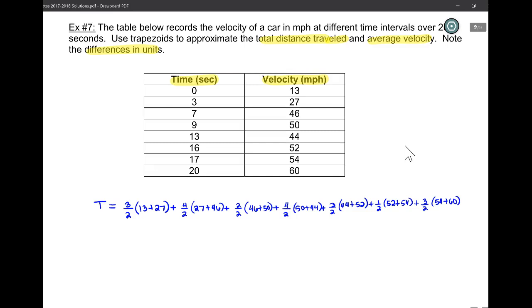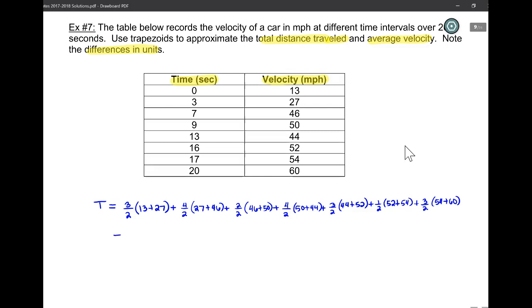Okay, so let's add that all together. So 3 halves, and then 13 plus 27, plus 2, and then 27 plus 46, plus 46 plus 50, plus 2, and then 50 plus 44, plus 3 halves, 44 plus 52, plus a half, 52 plus 54, plus 3 halves, 54 plus 60.